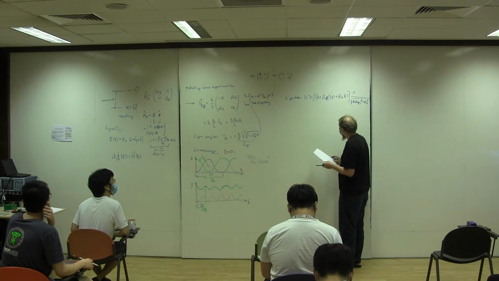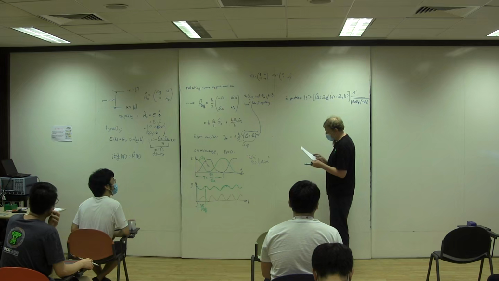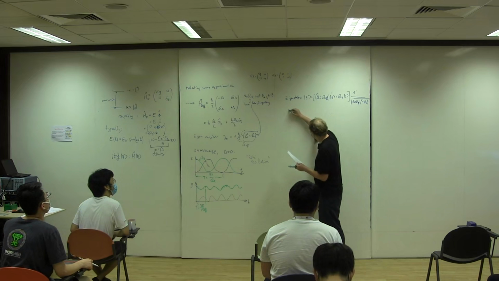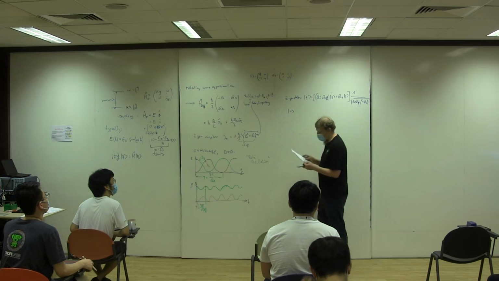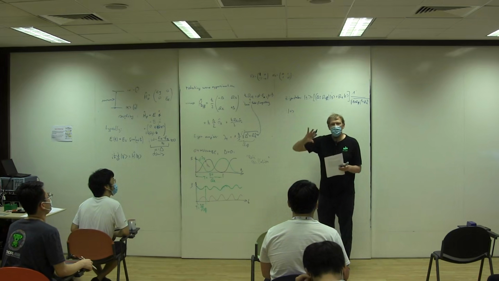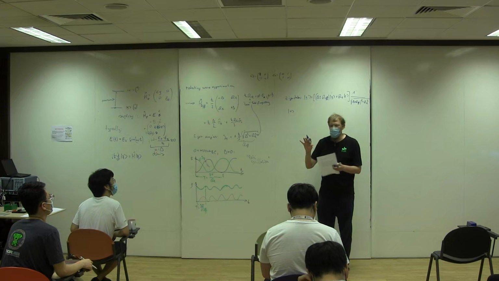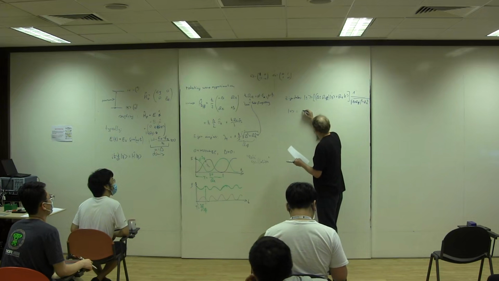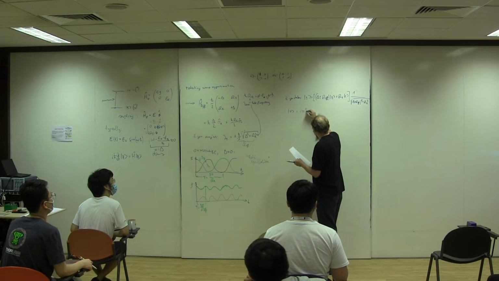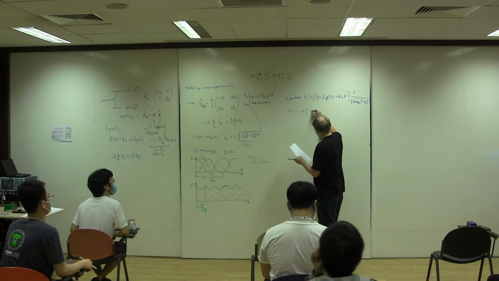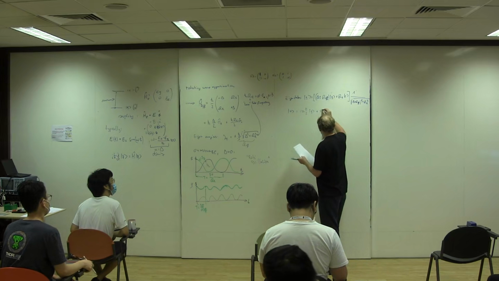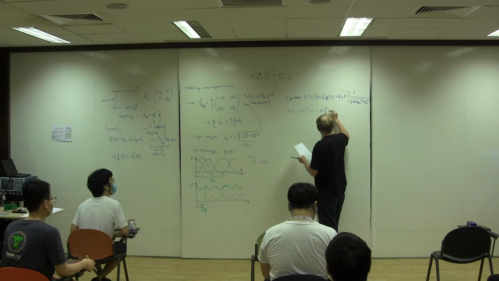Now this looks reasonably messy, but just to make a connection to what you may have seen in other ways of dealing with two-level systems, you can write this as a mixing between ground and excited state. If you write this down, the plus state would be cosine theta over 2 times the ground state plus sine theta over 2 times the excited state.